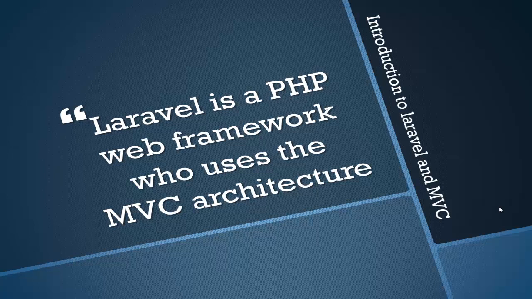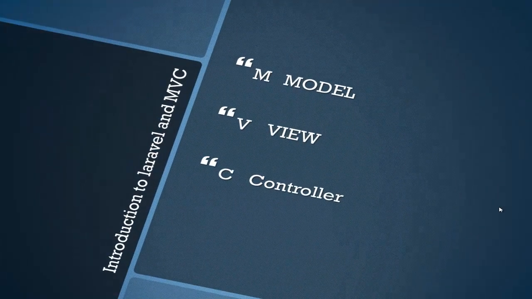Now let's find out what MVC actually is. Let's break it down. The M stands for model, the V stands for view, and the C stands for controller. These are classes. The models are going to be classes, the views are going to be methods, and we are also going to have some classes depending on what we are doing.